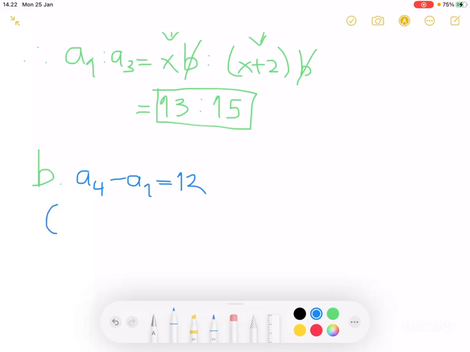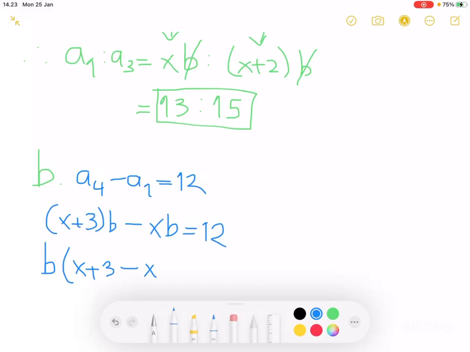Then we rewrite things a bit: x plus 3 multiplied by b minus xb equals 12. We can factor the b out and see what we get. We have b times x plus 3, and what's left after factoring b out of the other term is negative x.